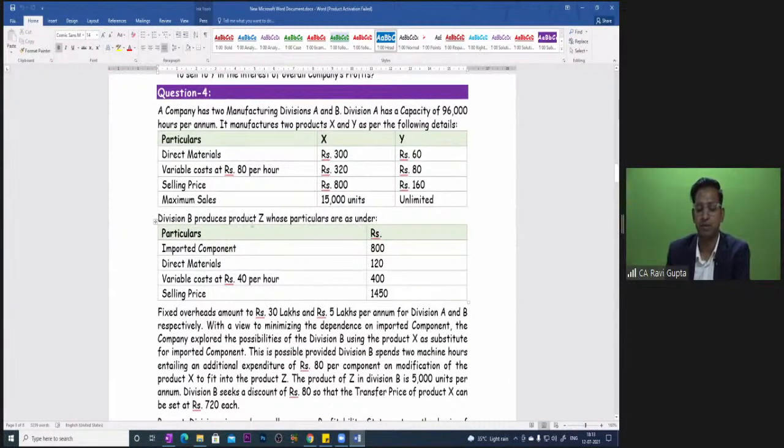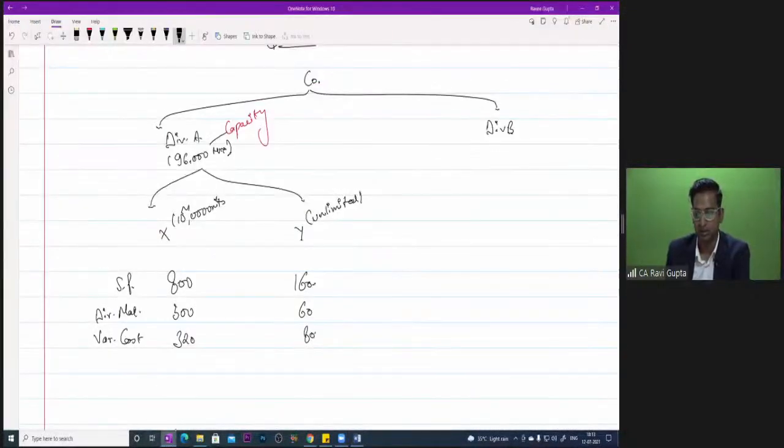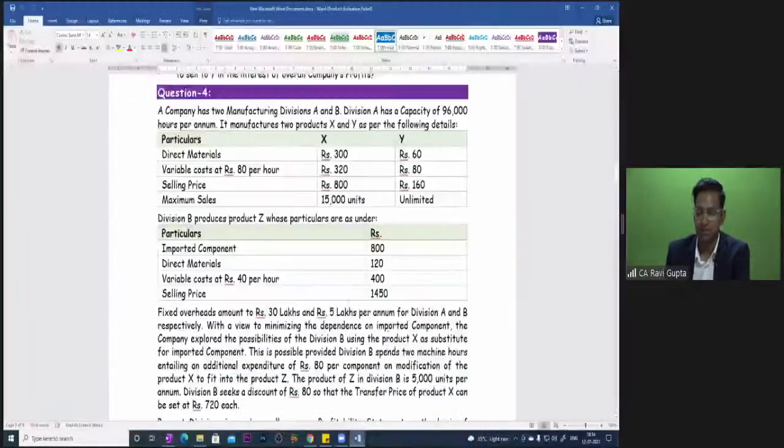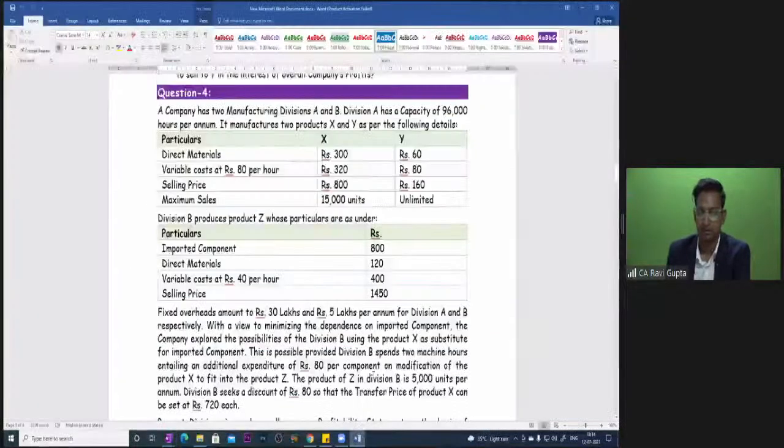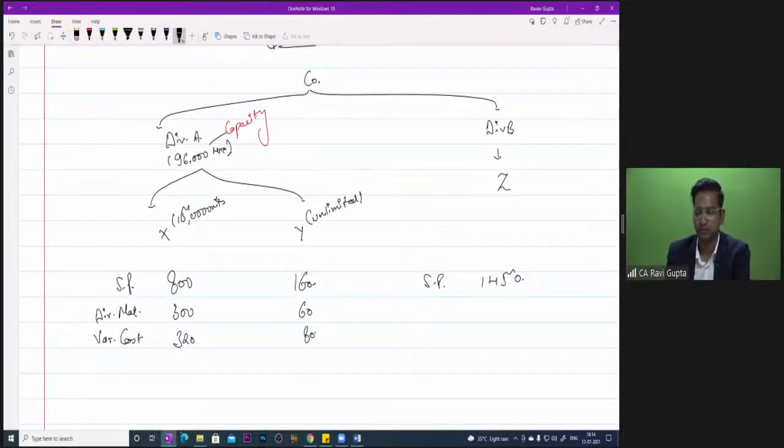Now division B produces product Z, whose particulars are as under: imported component and direct material. Okay, this produces product Z, whose selling price is 1450. This is the selling price 1450, right?